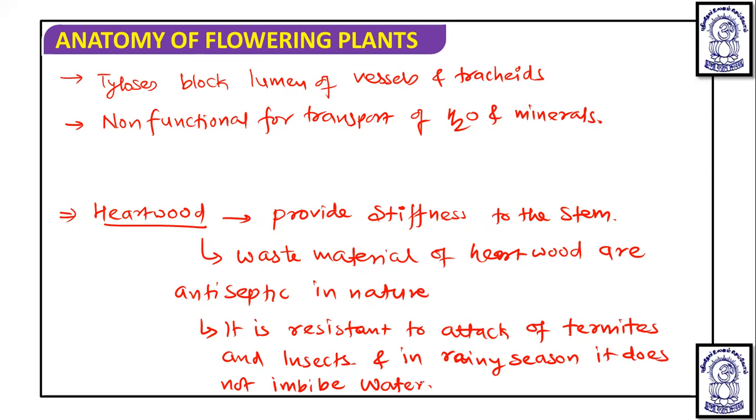So this is the difference between hardwood, which is present towards the center, and the sapwood, which is present on the outer side. Sapwood is functional for water and minerals, but hardwood is not.